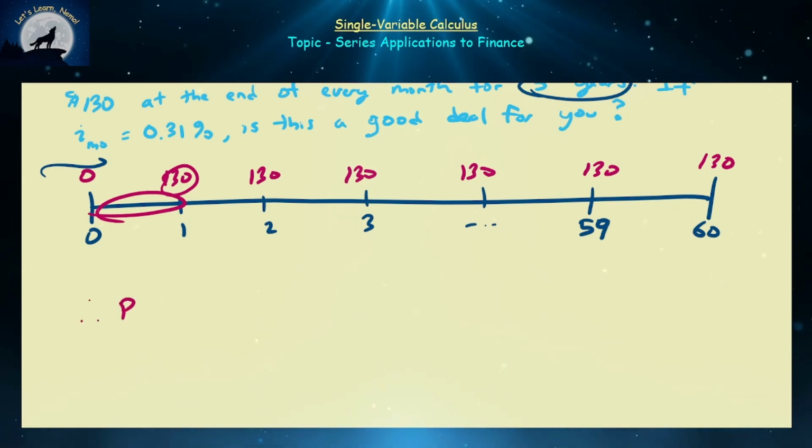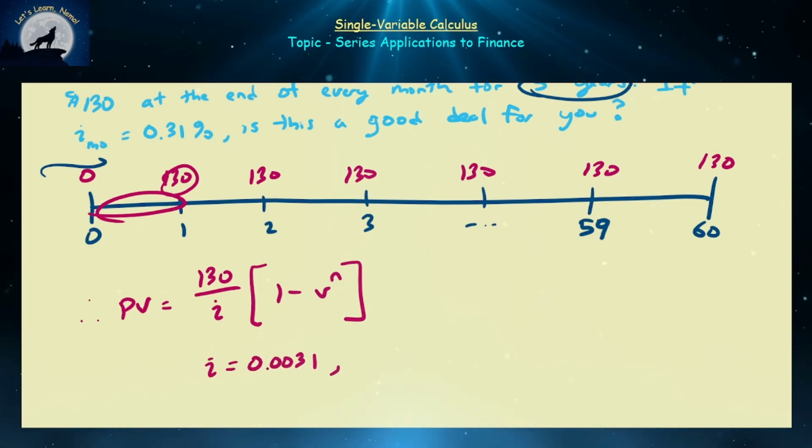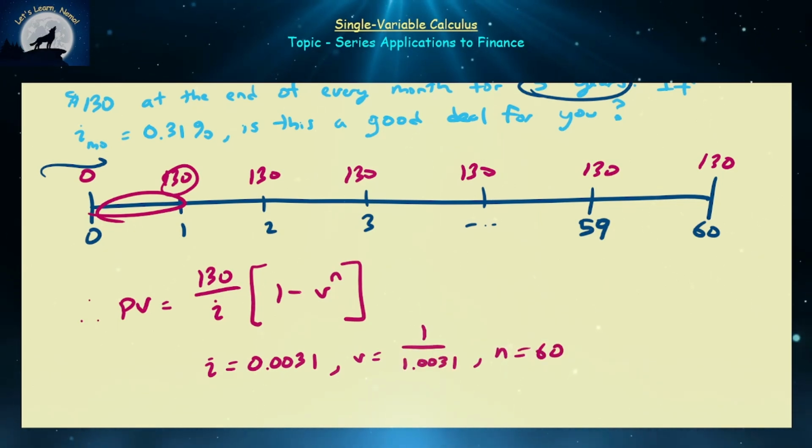And we just need to figure out what this sequence of cash flows is equal to. So the present value from the formula that we got before is going to be equal to 130 divided by i times 1 minus nu to the power of n, where n in this case is going to be equal to 60. So I'm just going to put this in generic form. So here i is equal to 0.0031, and then nu will be equal to 1 over 1.0031, and n will be equal to 60. So this is going to come out to approximately $7,107.54.